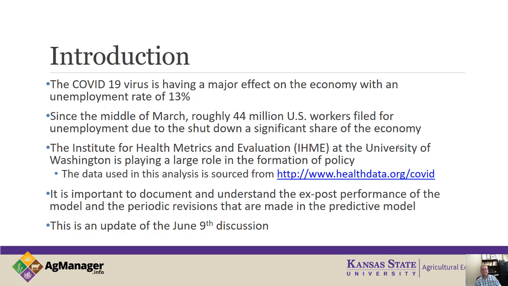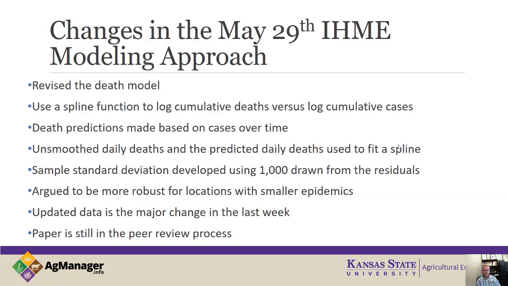This is an update of the June 9th discussion. The last major changes to the model occurred on May 29th. Essentially the information is there. Probably the key point is that the major change from last week is the updated data. One of the things that we're not going to cover here is that the model is starting to go out to October with regards to the predictions.